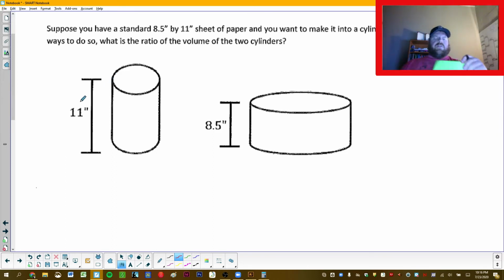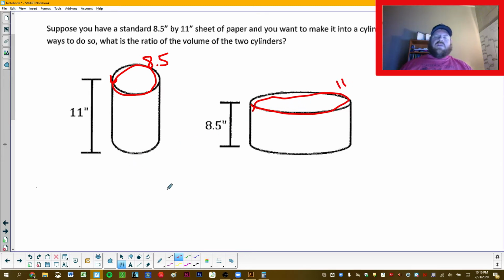So for that first one, as I fold it this way, I actually know another one of the measurements. I know what this circumference would be. This circumference up here would be 8.5, and similarly on this one, its circumference would be 11 inches.